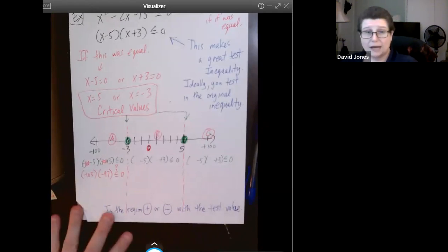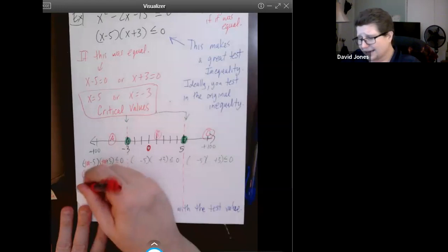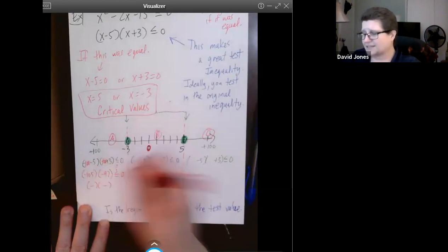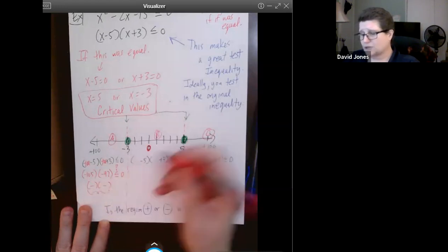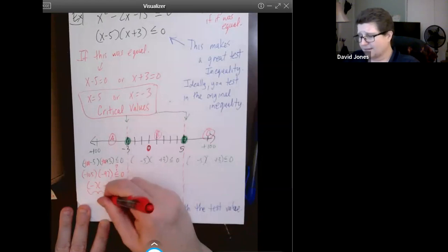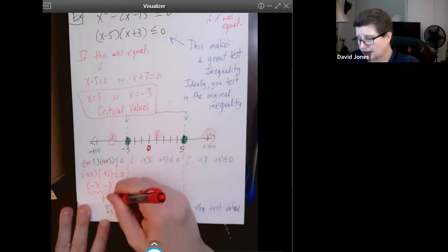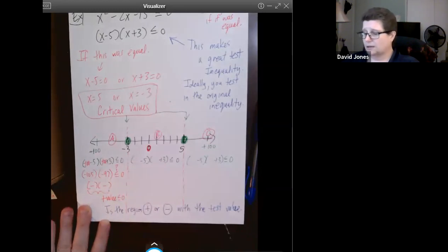And so I don't need to multiply 105 times 97. I don't care what the value is. I have a negative sign times a negative sign. What does that make this overall region? It makes this a positive value. Is a positive value less than or equal to 0? No.